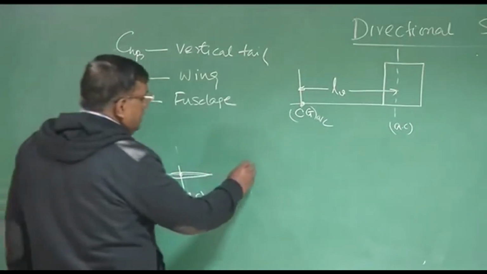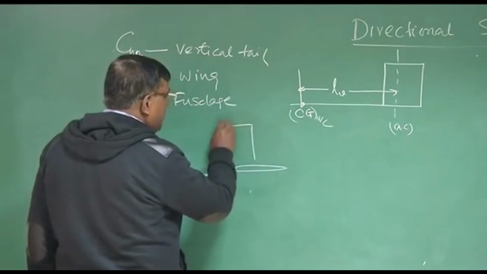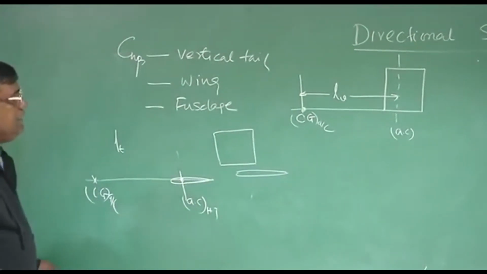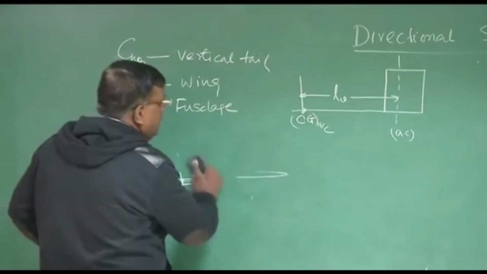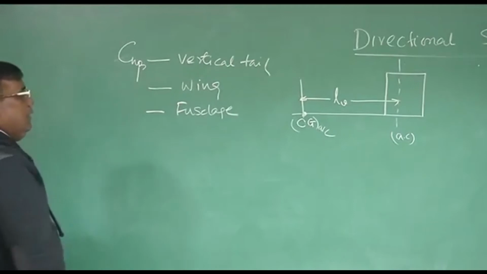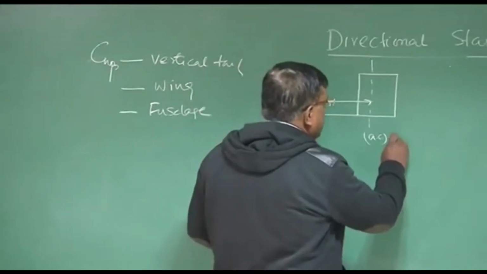There are configurations where I find horizontal tail is like this and vertical tail is somewhere here. So they can be laid out differently. So in general, I am using a notation LV as length between CG of the aircraft and AC of the vertical tail.